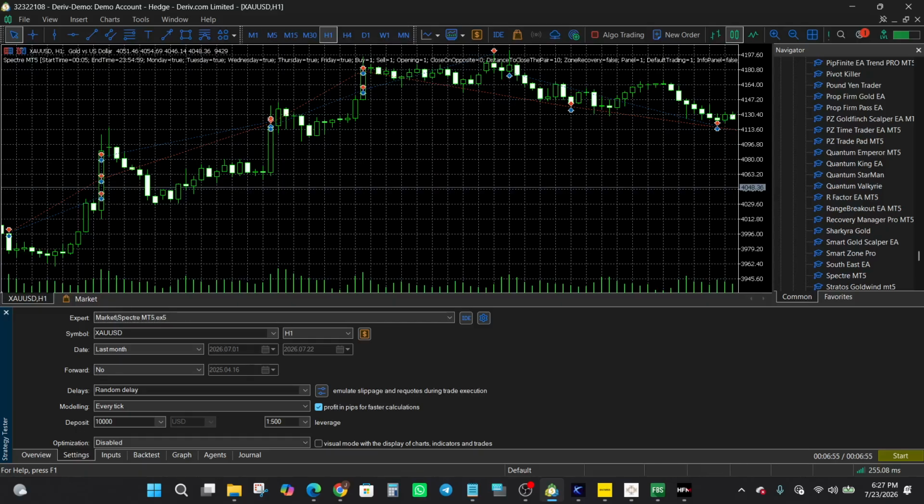So if you are looking for an EA that simply gets installed and immediately begins trading according to one fixed strategy, Spectre may not be exactly what you are after. However, if you already have experience building trading systems and you would like an expert advisor capable of combining multiple indicators, custom entry conditions, manual trading tools, and strategy testing features into one platform, then its flexible design could be worth exploring further.